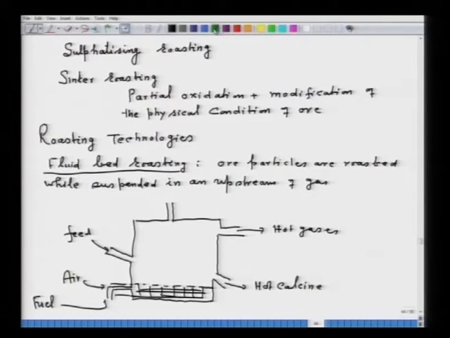The particles are roasted while they are in suspension, and this one is called a distributor, because when air is supplied, it distributes the air so that the particles get a sufficient amount of air.